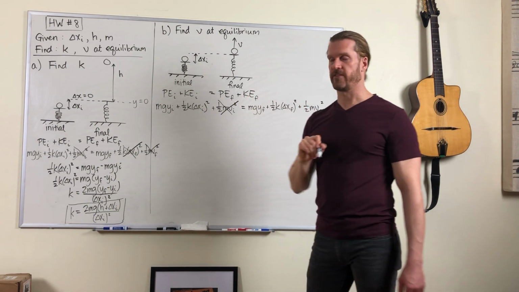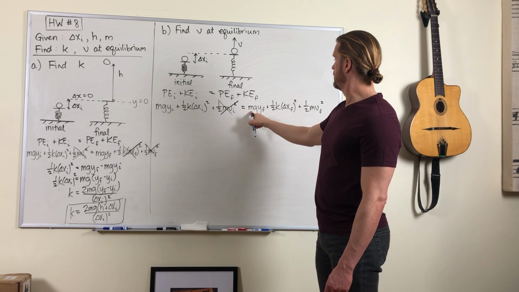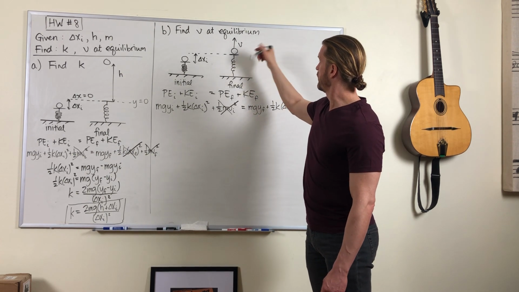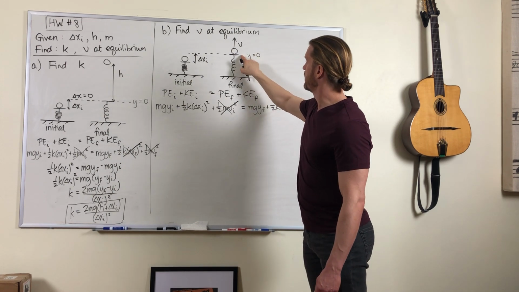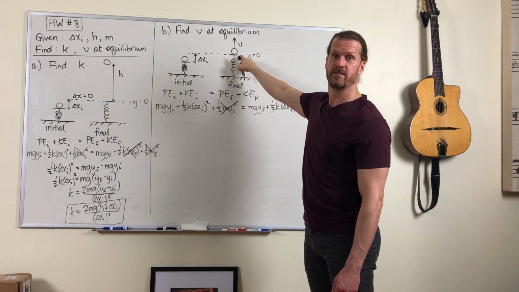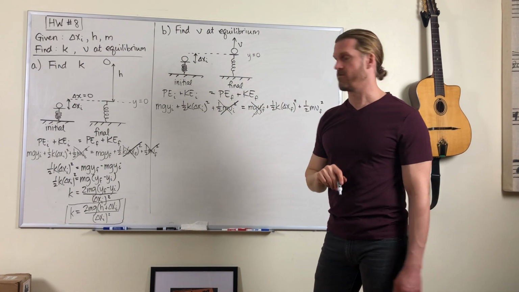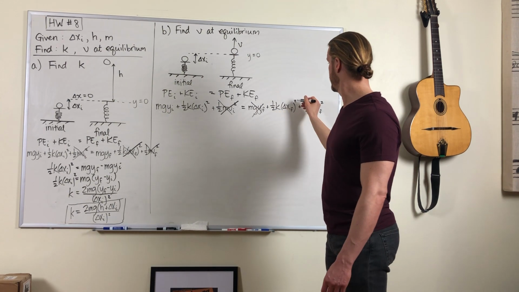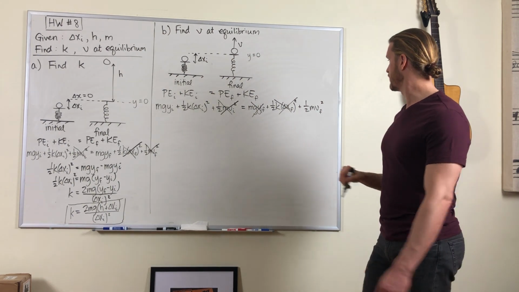That projectile's at rest. Final gravitational potential energy, well, here's the final scenario, and remember we also were considering this height to be zero, so y final is zero. And the spring is not compressed at the end, so the spring potential energy is also zero.